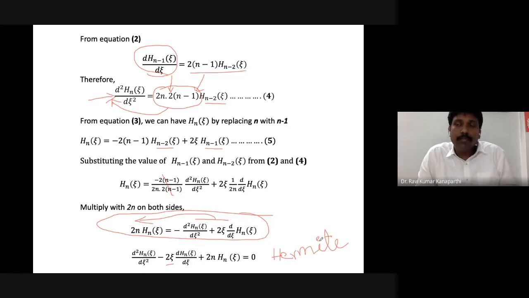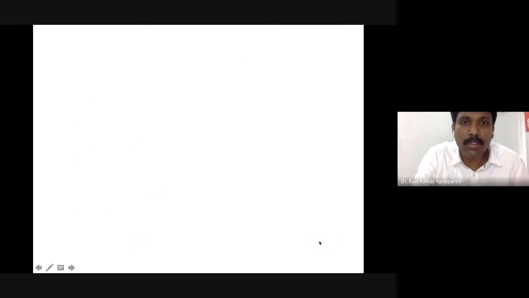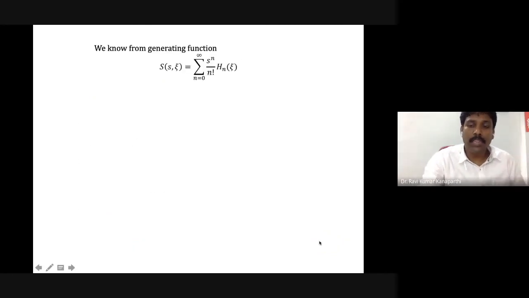As of now, what exactly Hn of z is, we do not know. Well, that is what we are all doing. This much time we have been discussing everything, but ultimately we just want to evaluate what the Hermite polynomial Hn of z is. To get Hn of z, I have to go back to the generating function.